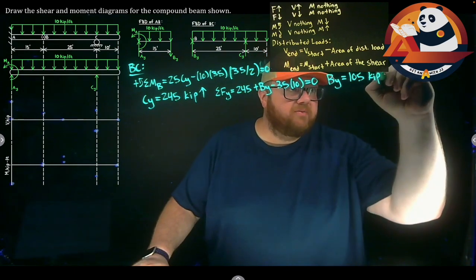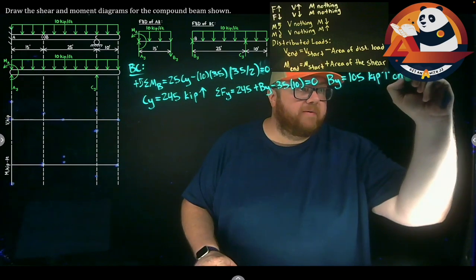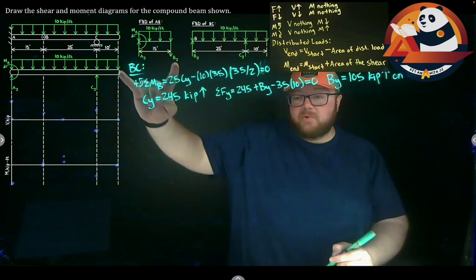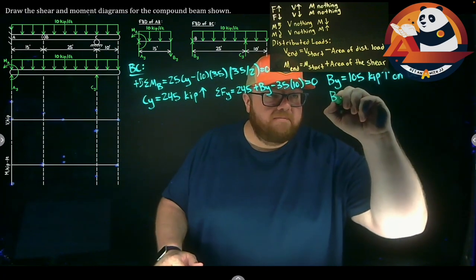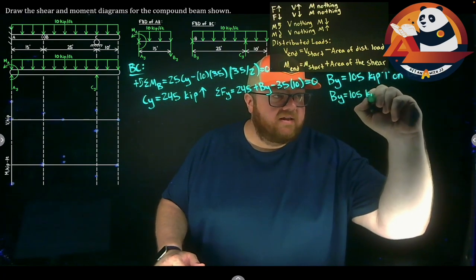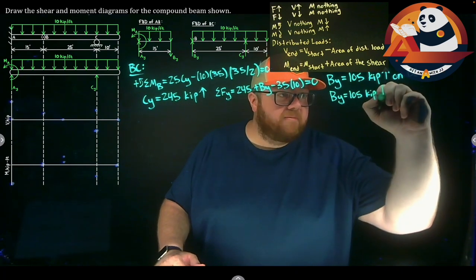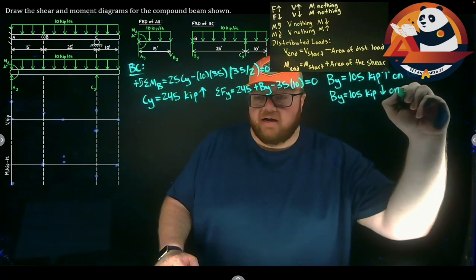So let's get our direction. We are going up here on BC. And that matters for us because when we work with AB, this will be equal and opposite. We could also say BY is the same magnitude, 105 kips. That's our equal. Opposite, though, means it's going straight down on our next member, on AB.